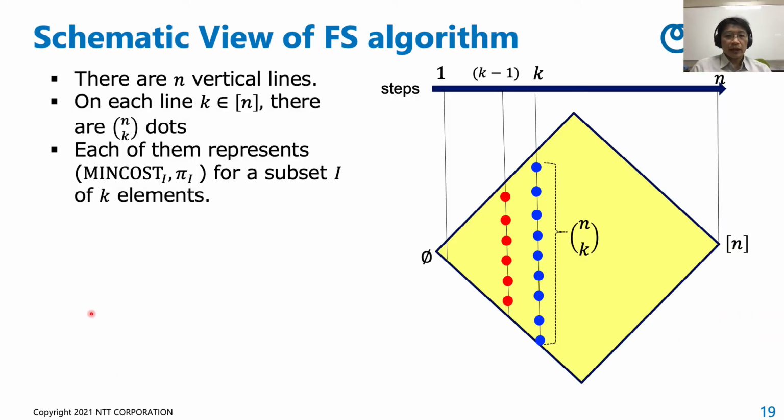We can schematically view the FS algorithm. There are n vertical lines here, and on each line k, there are n choose k dots. Each dot represents the pair of min cost I and pi I for a subset I of k elements.